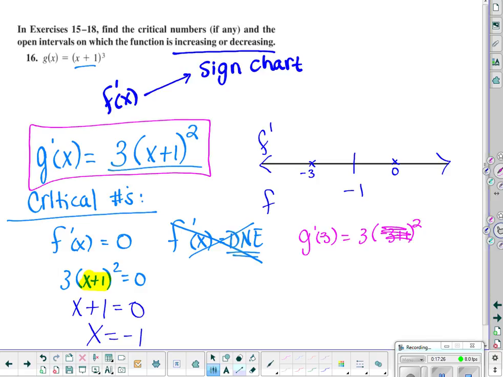Square anything and you're getting a positive, and then take it times a positive like a 3 and you're going to stay positive. The same can be said about 0. 3 times 0 plus 1 quantity squared. Anything squared is going to be positive, and 3 times positive is positive.